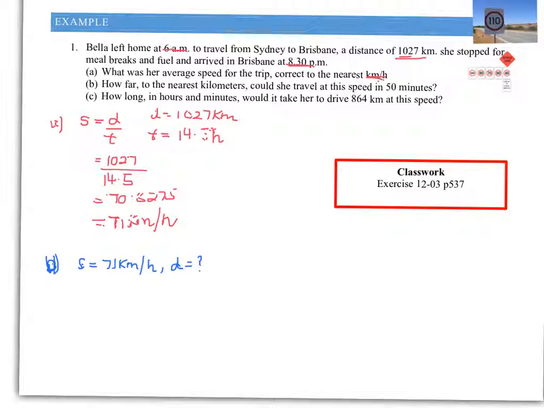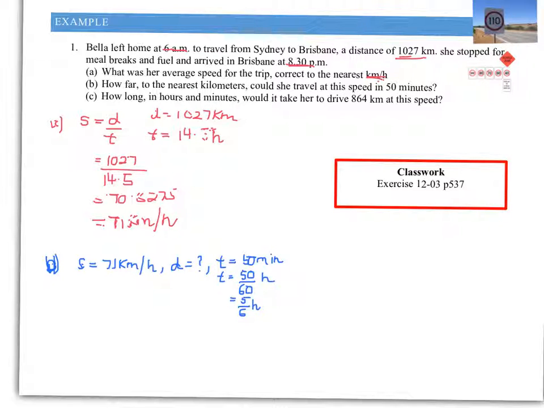We're told the time. The time is 50 minutes. Now this is in minutes, and our speed is in kilometres per hour. So we really need to change our time into hours as well. If I divide it by 60, that would change it into hours. So that's 5/6 of an hour.